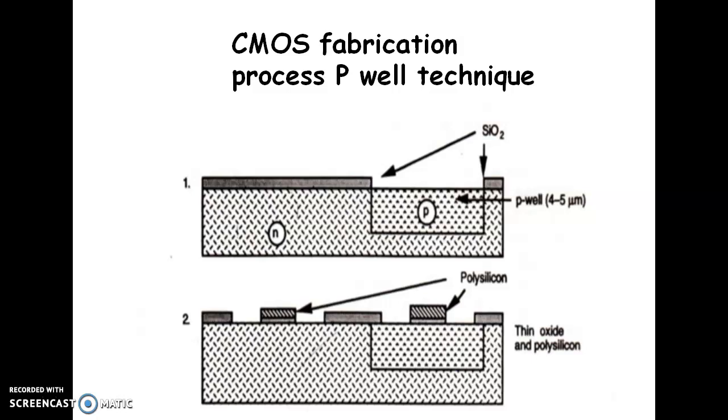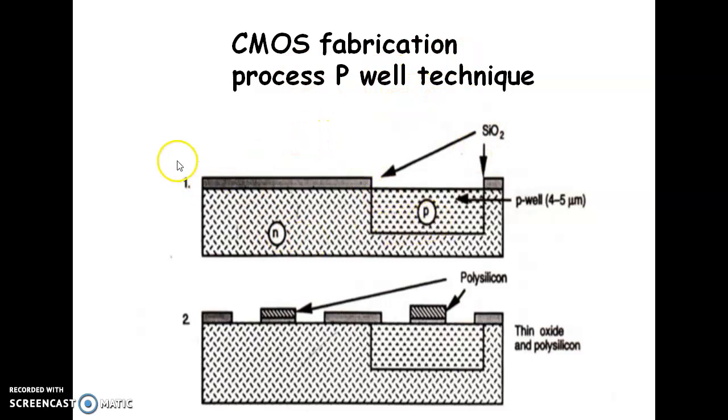In order to overcome some drawbacks, like latch up, we go for other alternatives, like the twin-tub technique and silicon on insulator. Out of all these techniques, silicon on insulator is the best one because it does not have any drawbacks. In this video, we are going to discuss the P-well technique.